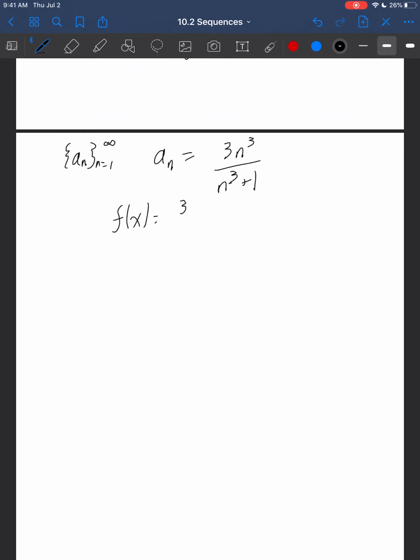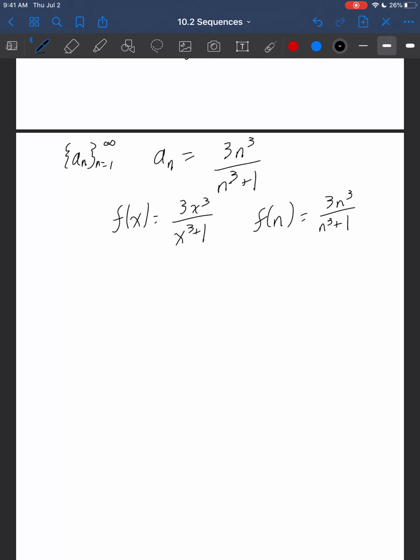If I set f of x equal to 3x cubed over x cubed plus 1, we exactly have that f of n is 3n cubed over n cubed plus 1. So in the case where we have explicit formulas for these a sub n, we can just copy this explicit formula into the function we are interested in dealing with.